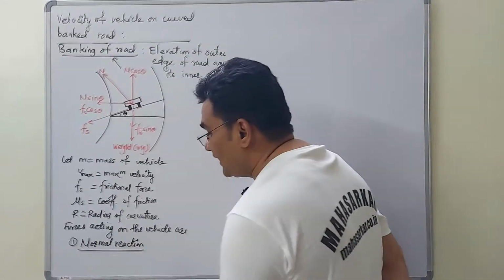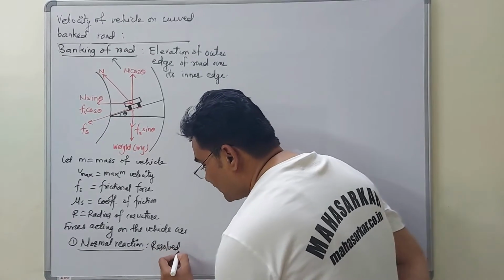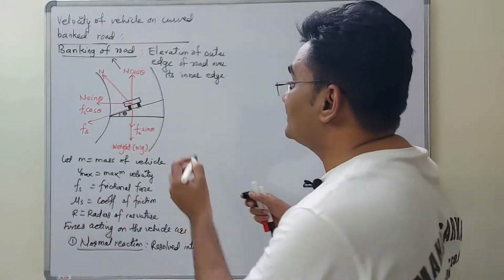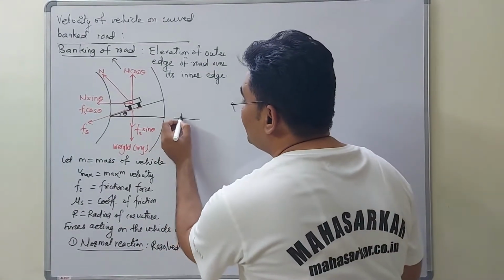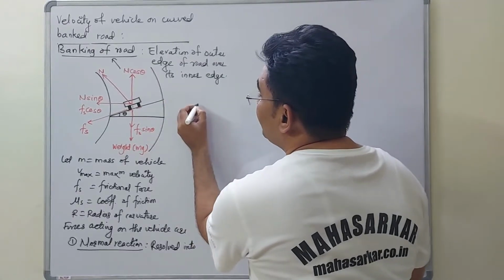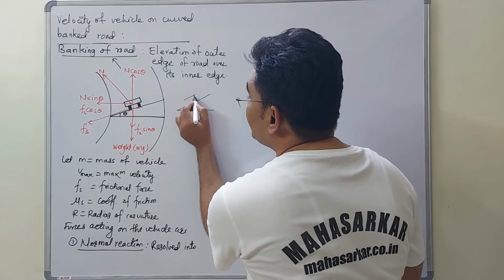This normal reaction is further resolved. Why is it going to resolve? Because now the vehicle is not on a parallel road, the vehicle is now on the slanting road like this. So this is the angle theta and now there is the vehicle.